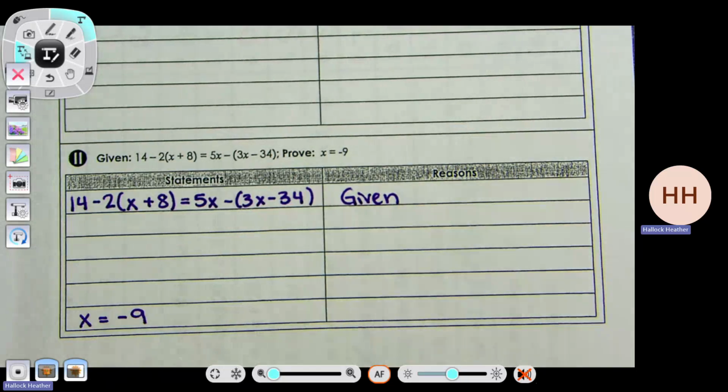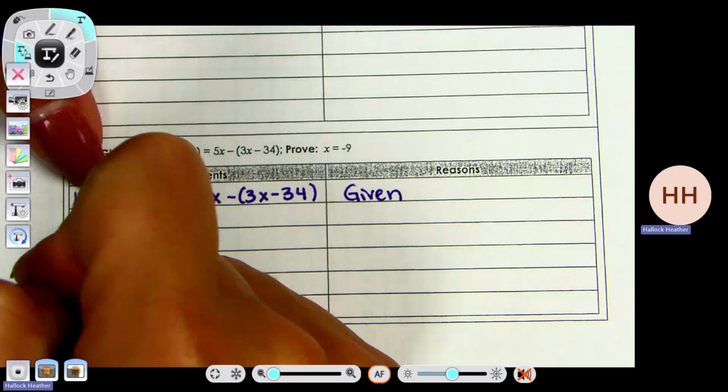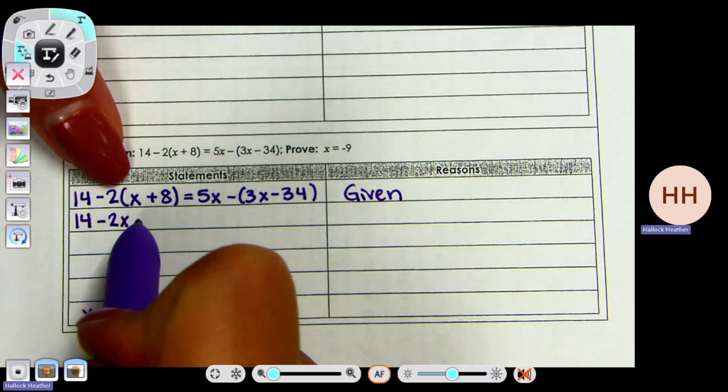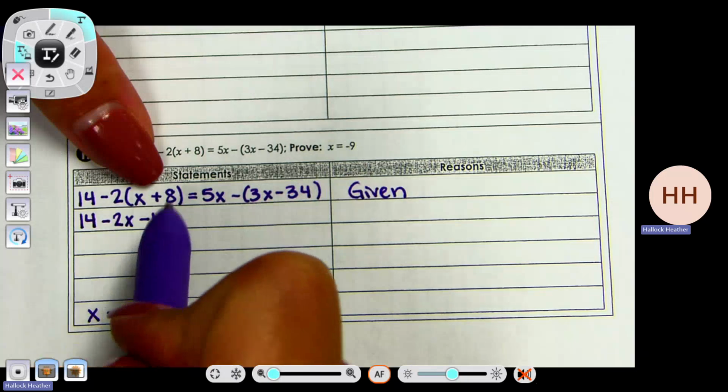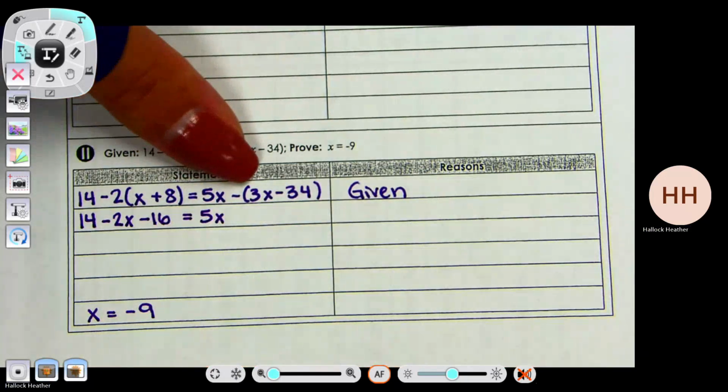Distributive property. You're multiplying into the parentheses, so we're going to get rid of the parentheses using the distributive property. So I'm not distributing in the 14, it stays in the front. -2x minus 16 equals 5x. What's on the other side?